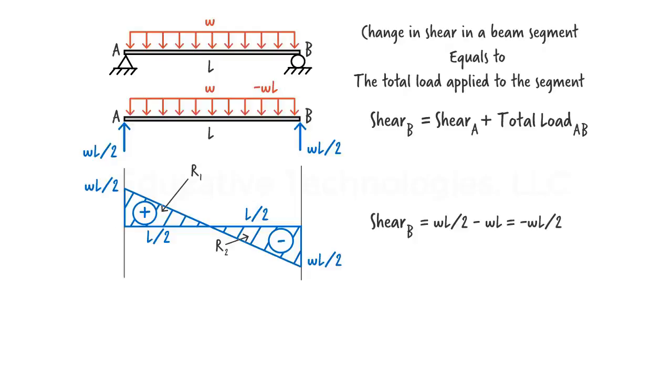Since the diagram consists of 2 regions, we need to calculate 2 areas: a positive area associated with R1 and a negative area associated with R2. R1 forms a right triangle with a height of WL/2 and a base of L/2. Therefore, its area is WL²/8. R2 has an area equal to WL²/8, but this area is negative since the region is below the x-axis.